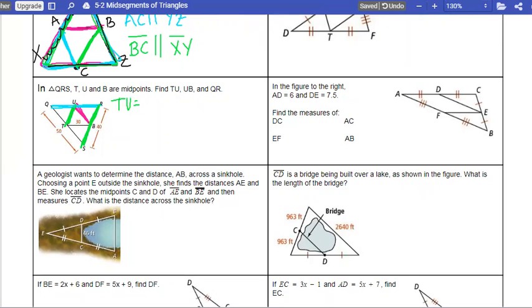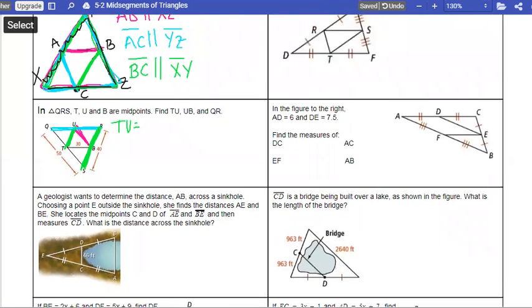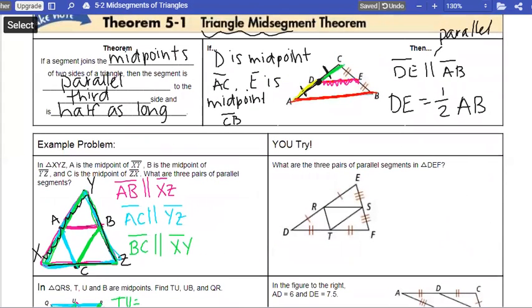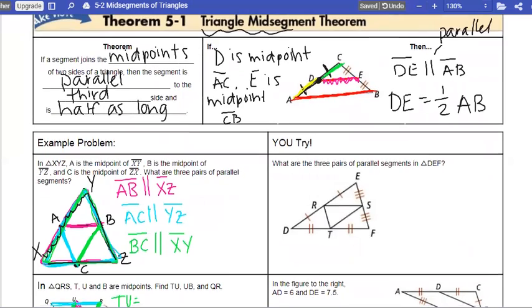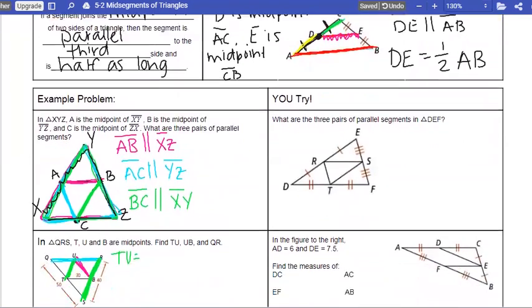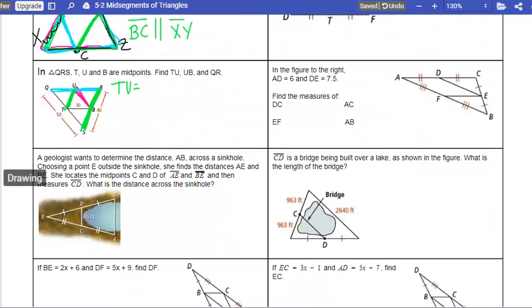So those two lines are parallel. Since they are parallel, if you look up here at the top, the mid-segment is parallel to the outer segment of our triangle, or that third side, and it is half as long.